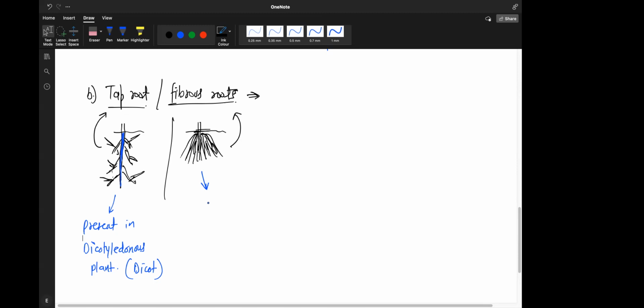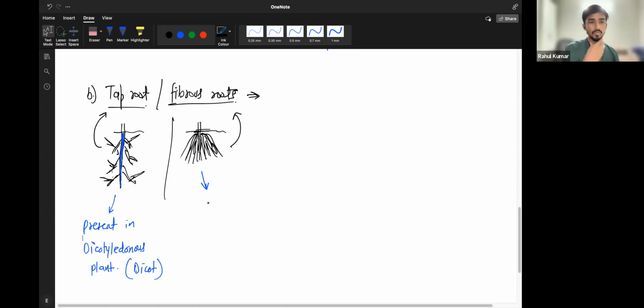Yes. Write down. Fibrous roots are present in monocotyledonous plants, commonly known as monocots.